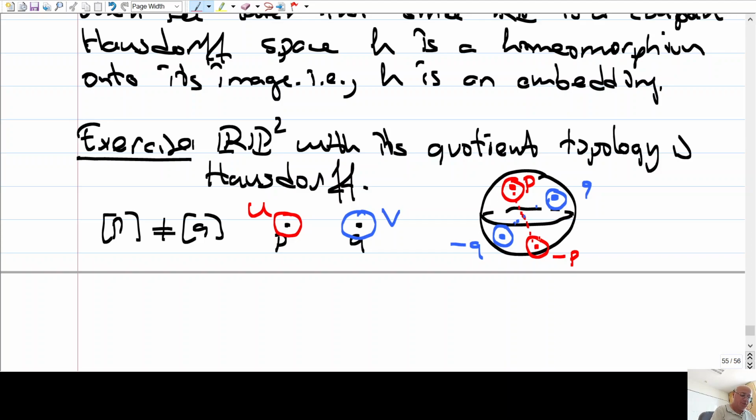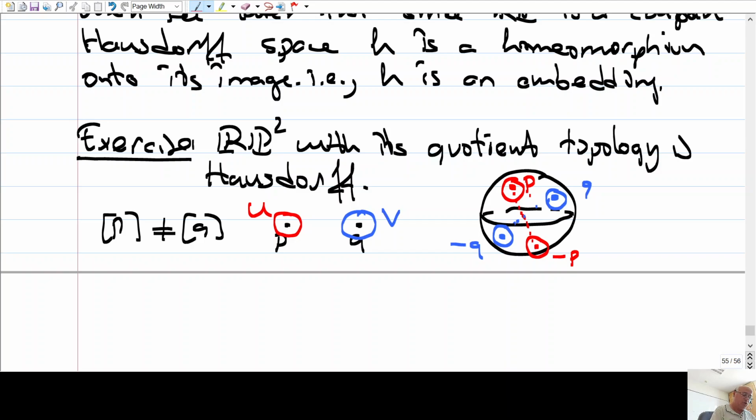In other words, on the sphere, I have 4 points, which are actually two antipodal pairs, right? Since they are distinct, I can choose small balls around these points, which are all disjoint. And I choose these balls so that when I multiply one of them by -1, I get the other ball.